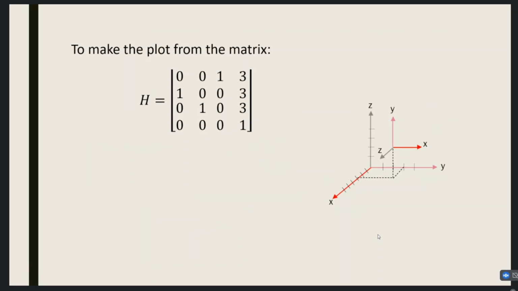The x-axis is now in the direction of the y-axis. The y-axis is in the direction of the z-axis, and the z-axis is in the direction of the x-axis. If you didn't understand how to recognize the rotation, check the previous video about the rotation matrix.